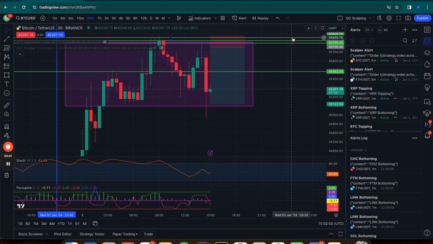Let's assume that we're trading with $100,000 and the maximum that we want to risk at any point is 10%, right? So essentially, on any trade, we're risking $10,000.